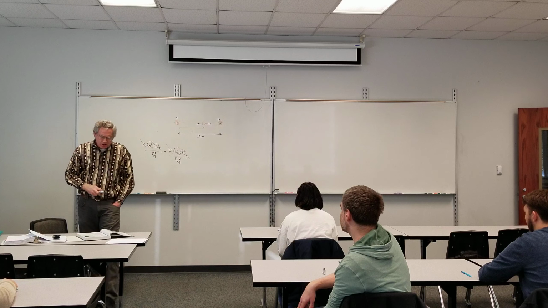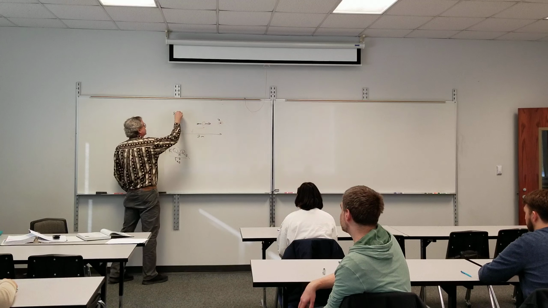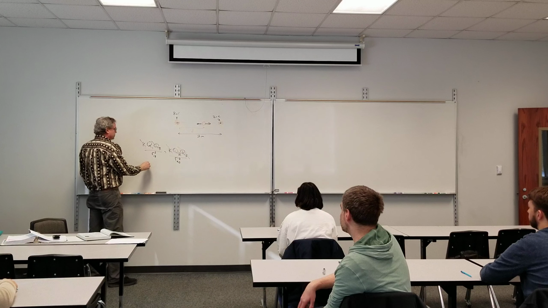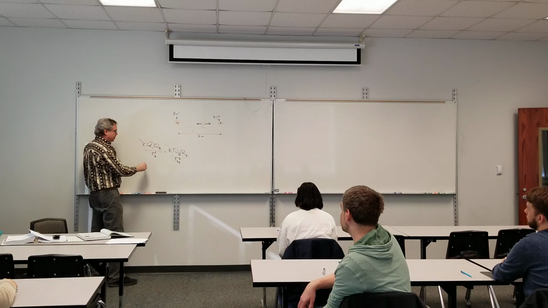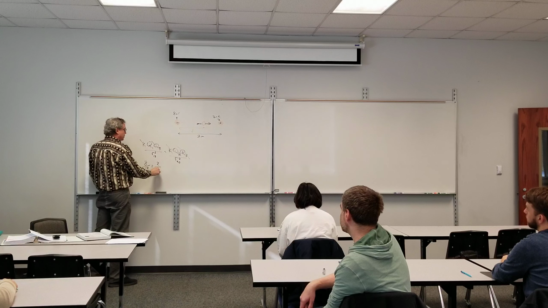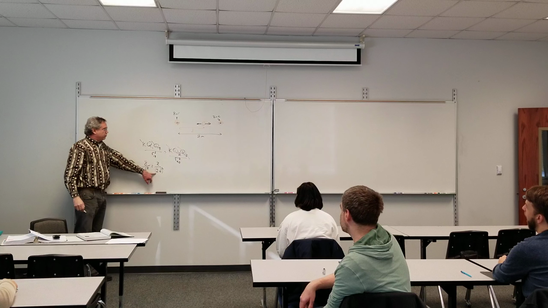That was 8 nanocoulombs and 2 nanocoulombs, so the nanocoulombs cancel out. I'm left with 8 over D squared is equal to 2 over (2 minus D) squared. This 2 is from the 2 meters.